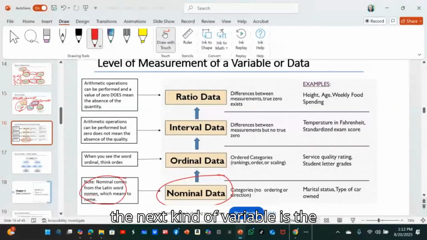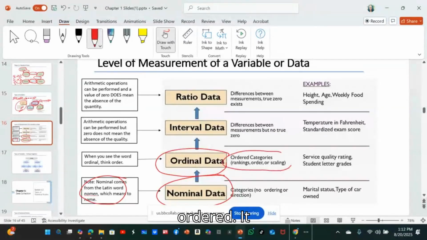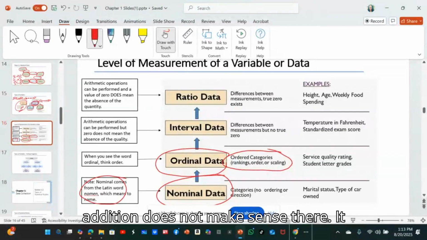Okay, the next kind of variable is the ordinal variable. Notice ordinal is higher than nominal. This ordinal data variable can be ordered in categories, but still addition does not make sense there.